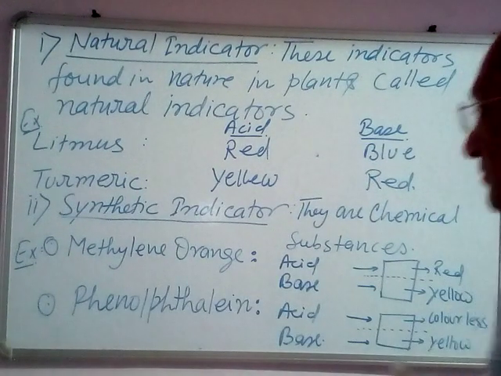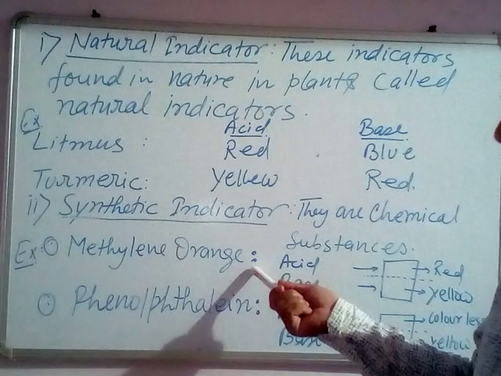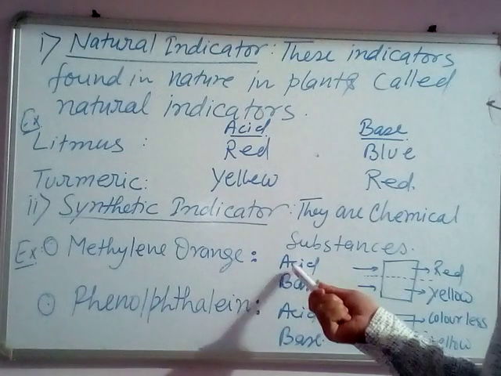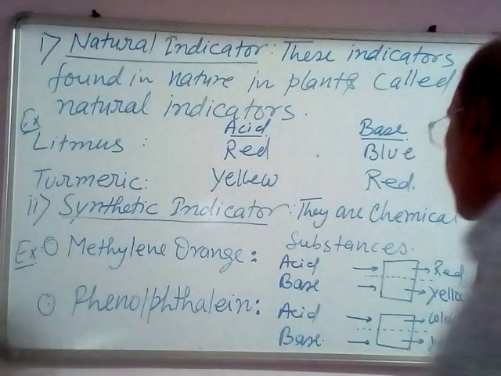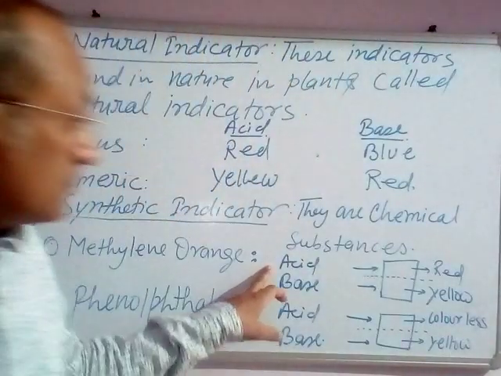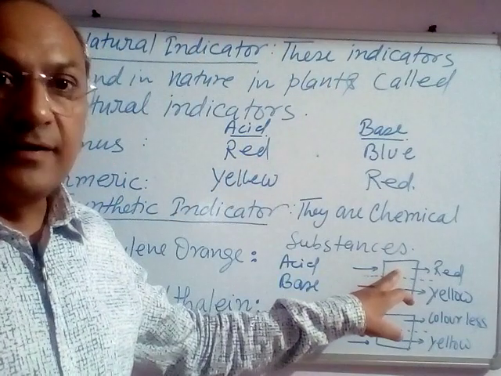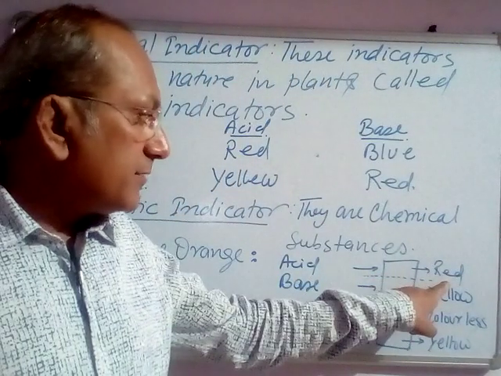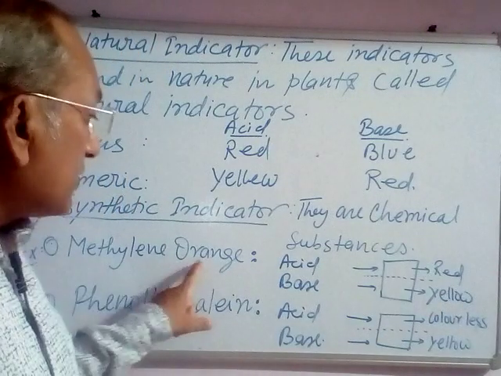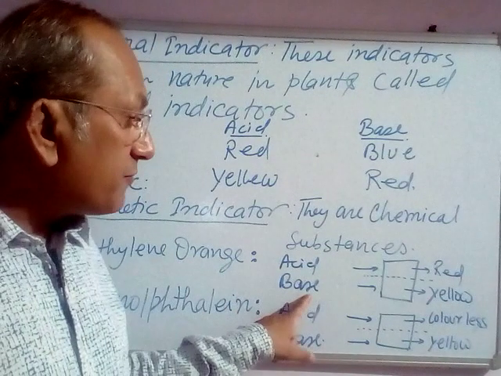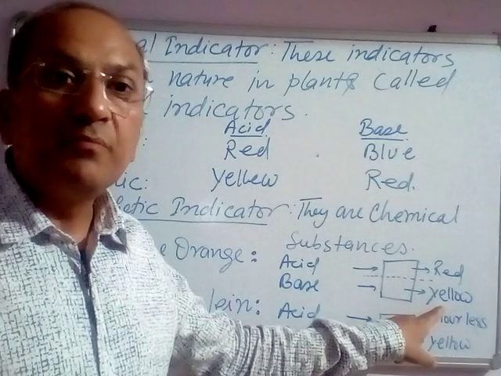When methyl orange comes into contact with acid, its color becomes red. Here is red. When methyl orange comes into contact with a base, it becomes yellow in color.